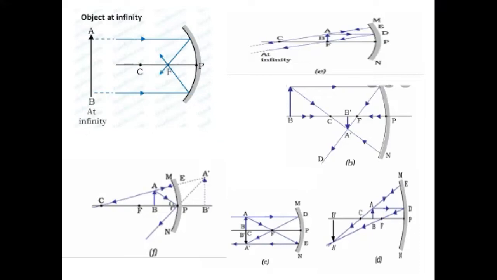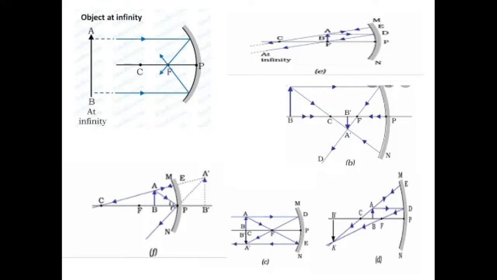The image is formed at F because the two rays of light coming from the object fall parallel to the principal axis and are incident on the spherical mirror, and the rays of light are reflected through the principal focus of the mirror, and the image is formed at the principal focus.